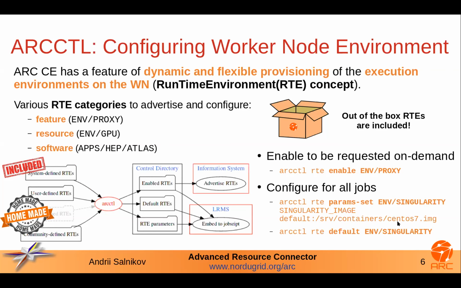You can see the example for Singularity, where you just provide the Singularity image path and enable this RTE or make it even default. So in this example, the configured Singularity will use this SRV container CentOS 7 image for every job that runs on your ARC6, and it will be done transparently for the end user.